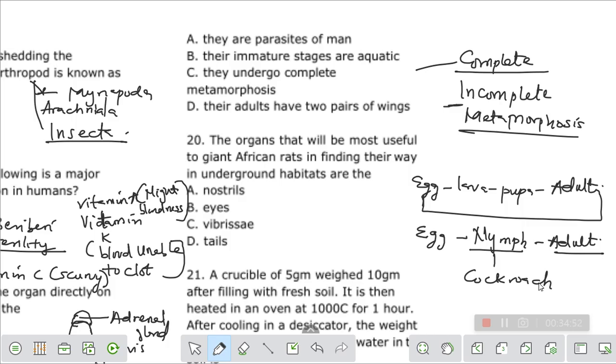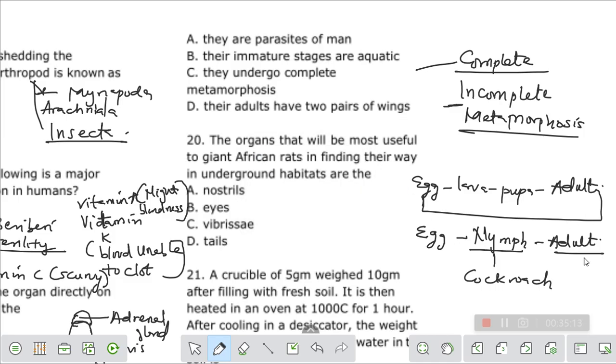So you know that I told you 4 stages are involved in complete metamorphosis, while in incomplete, we have 3 stages. So you should know the organisms under complete metamorphosis too. Examples of organisms we have there are mosquito, butterfly, bees, and wasp. So for incomplete, what do we have?